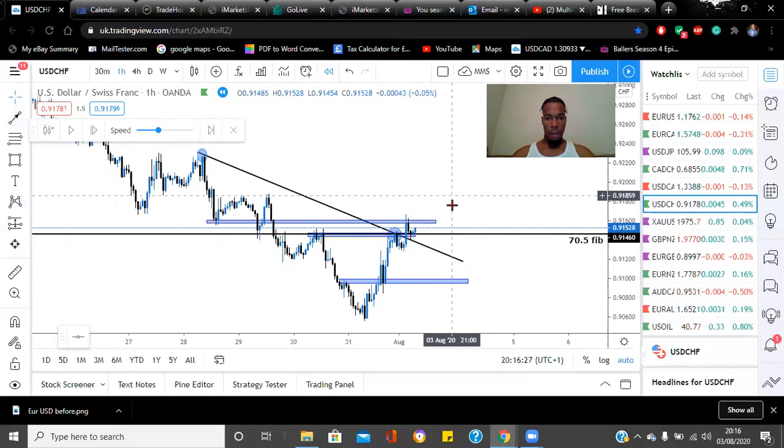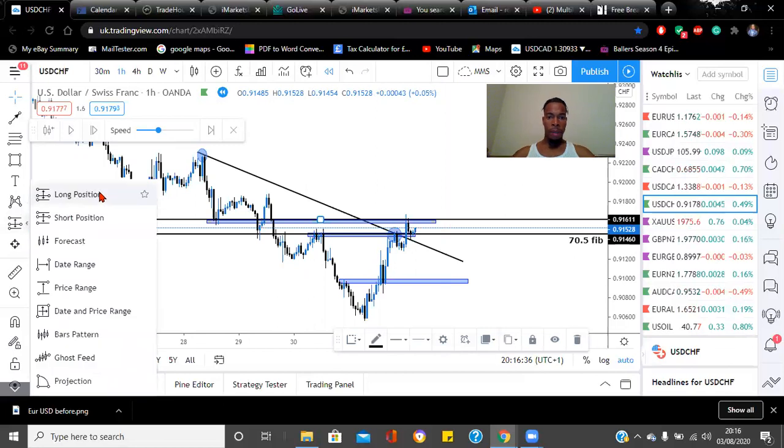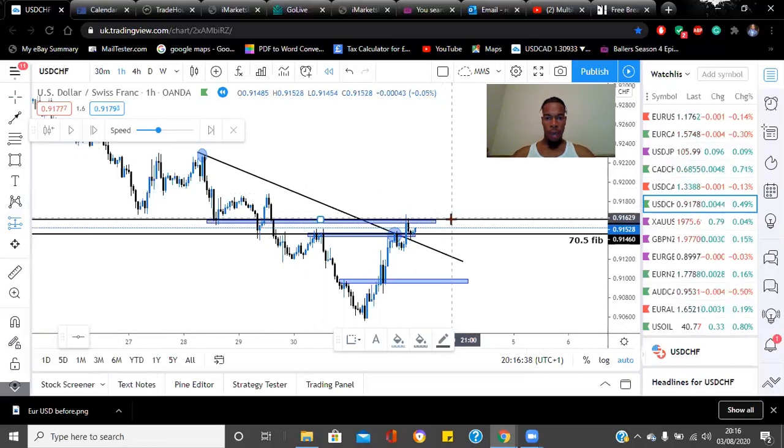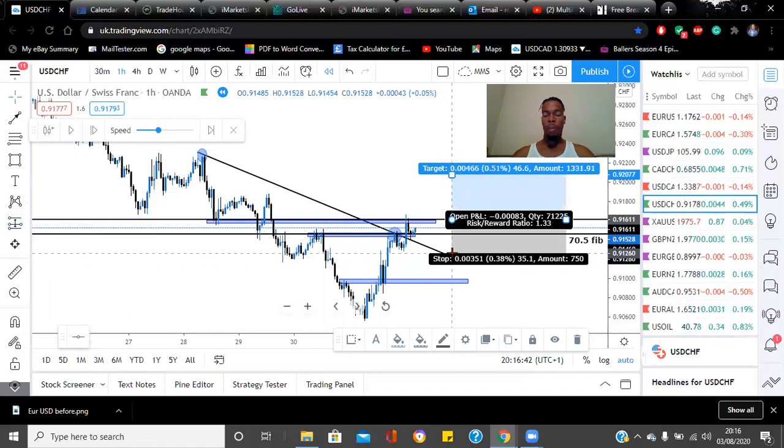What that means is, let's say price needed to get to this area, and that's going the right way. You can place a buy stop right here. So long position always means buy, short position means sell. The black area is your stop loss, the blue area is the take profit. The black candles are sell candles, the blue candles are buy candles.